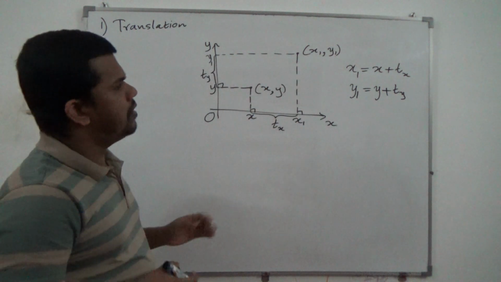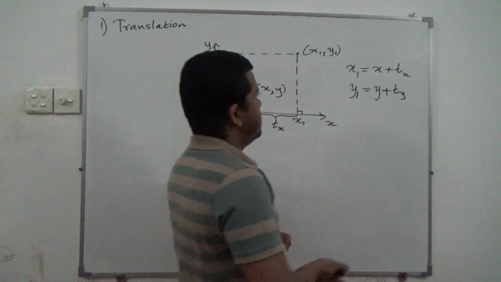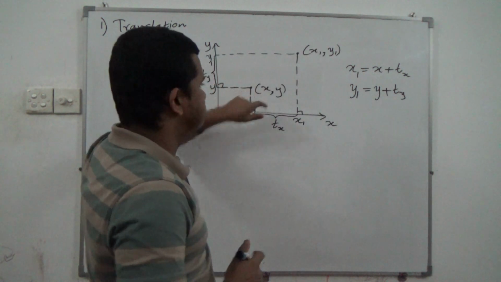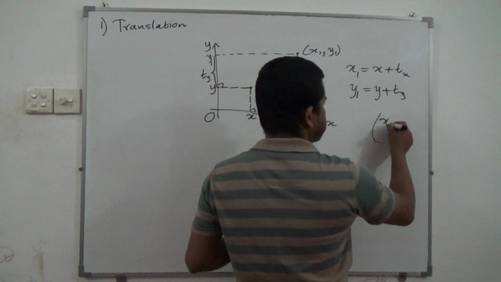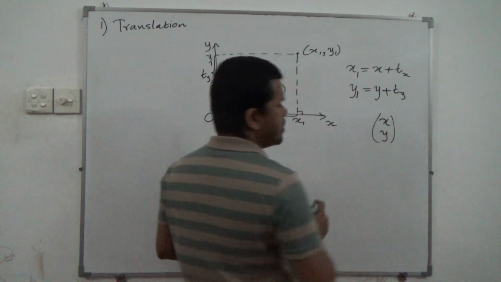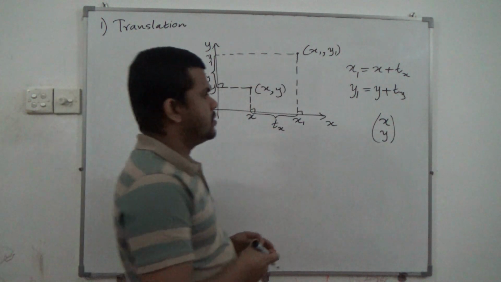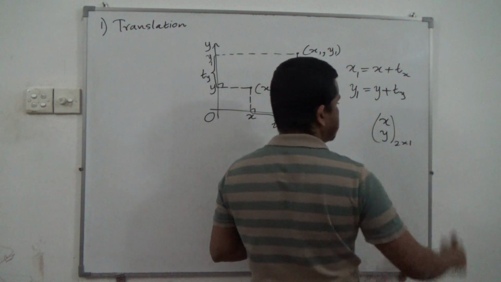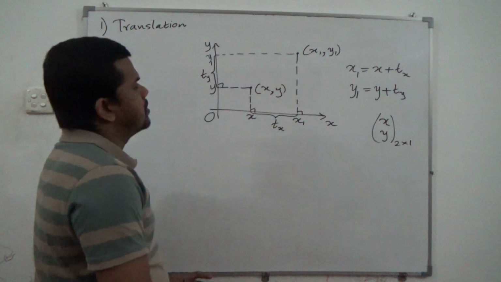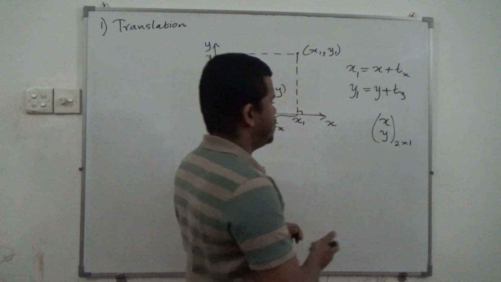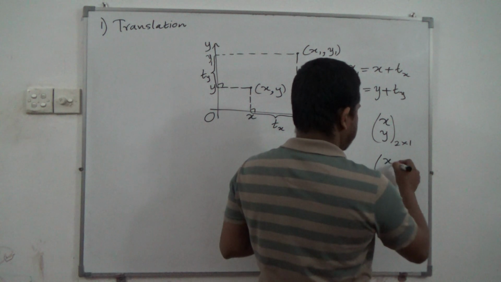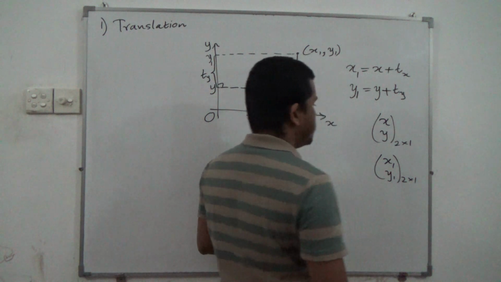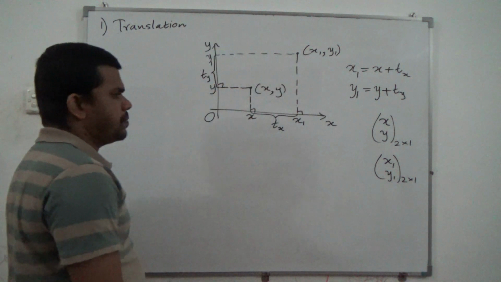Now, let's represent the coordinates of this point like this, as a matrix. Here we have two rows and one column. This point also we can represent using a matrix. Here also we have two rows and one column.